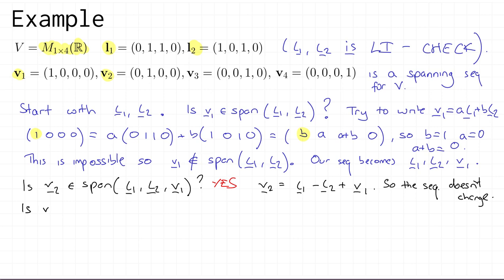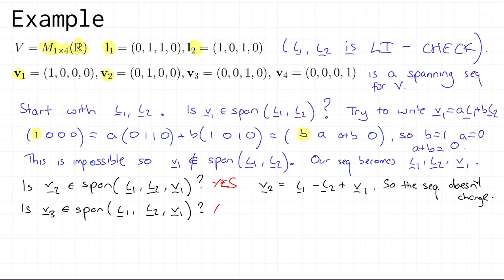Is v3 in the span of the sequence so far? So v3 was the vector 0, 0, 1, 0, and we want to know if we can make that from a linear combination of L1 and L2 and v1. And actually, if you look at this, you can see that you really can do this.